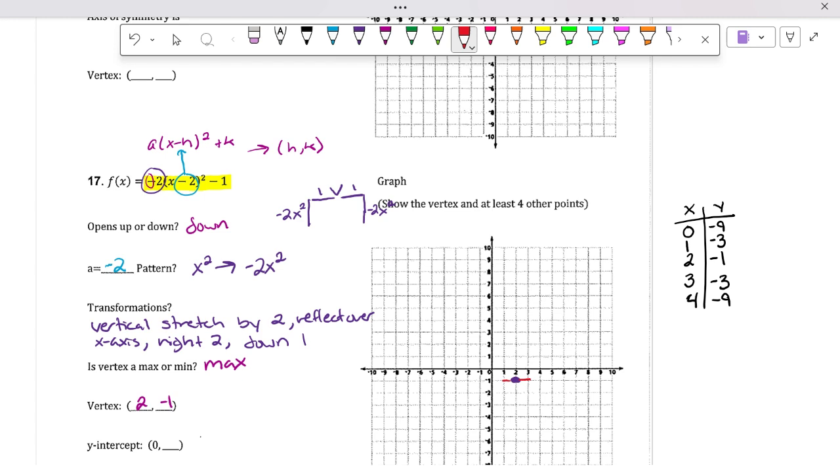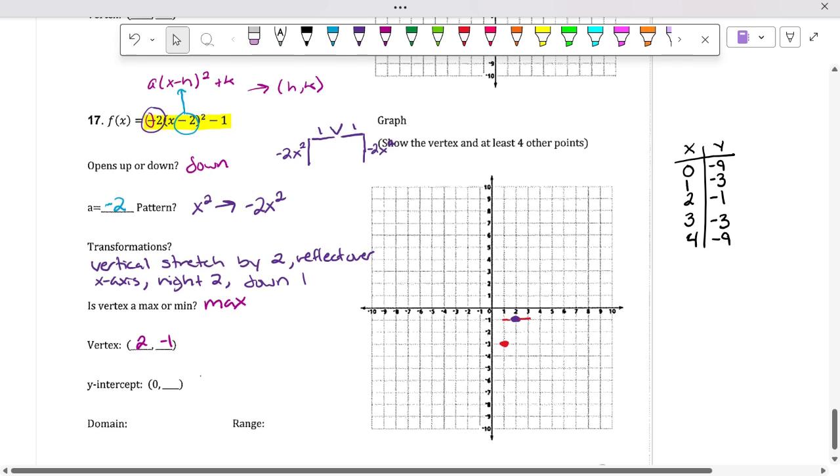We first need to square the x value that we're trying to find. So if we're looking for when x is 1, what's 1 squared? 1. And then times negative 2. Negative 2. So that means my y value when x is 1, we would go down 2 from where our vertex currently is. That's what it tells you.